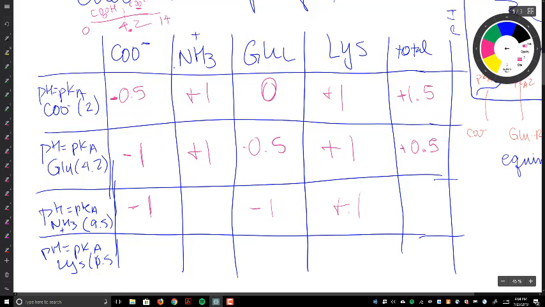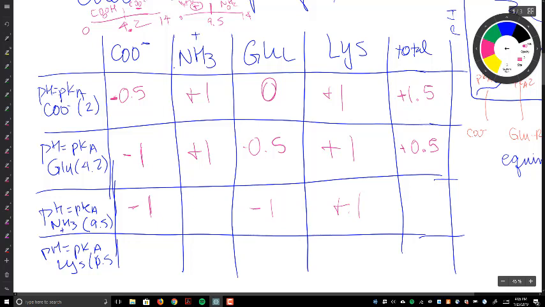That leaves us with the N-terminus. Again, if we have a pKa of 9.5, we go from 0 to 14. When we're below the pKa, we're going to be protonated or positively charged. When we're above the pKa, we'll be deprotonated and neutral.